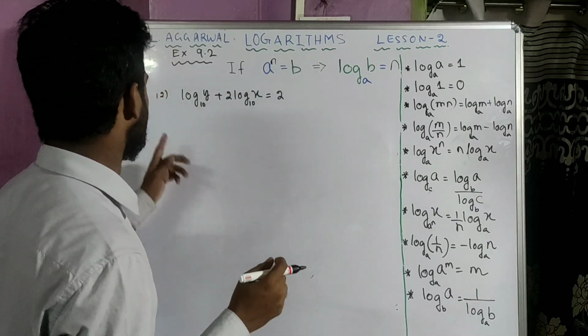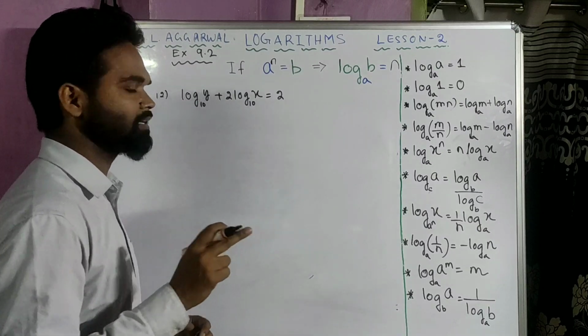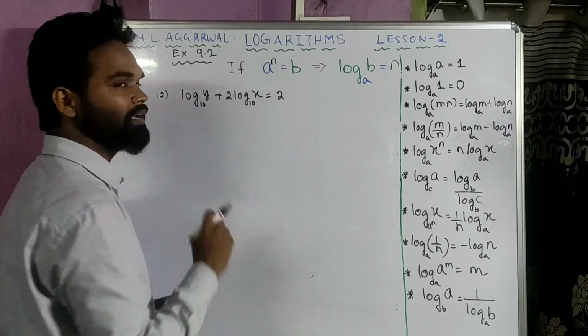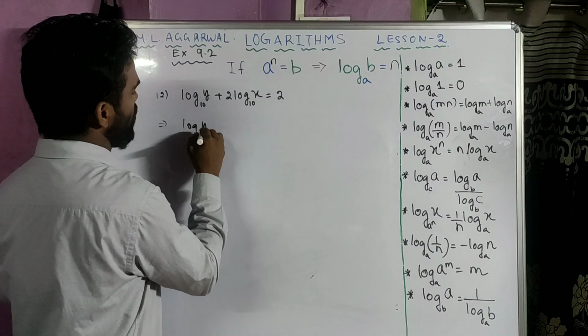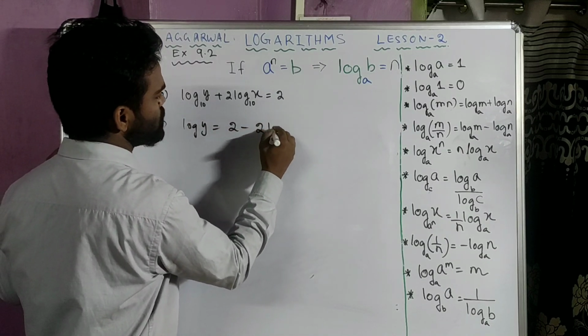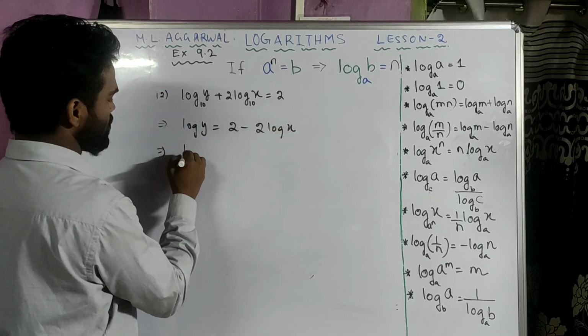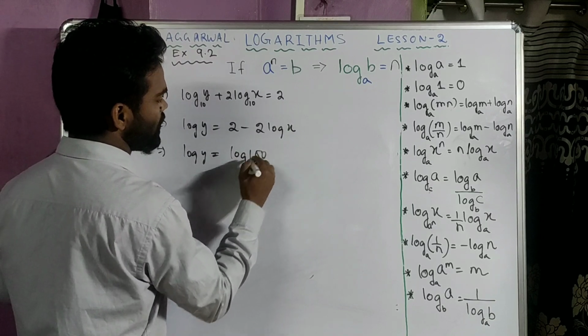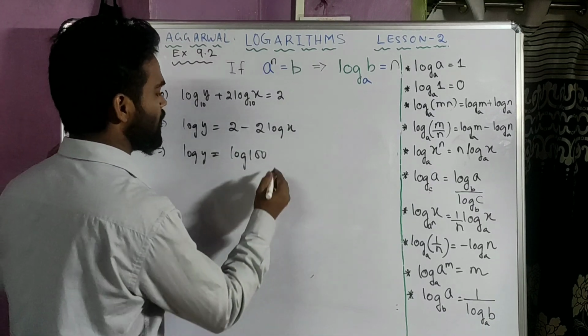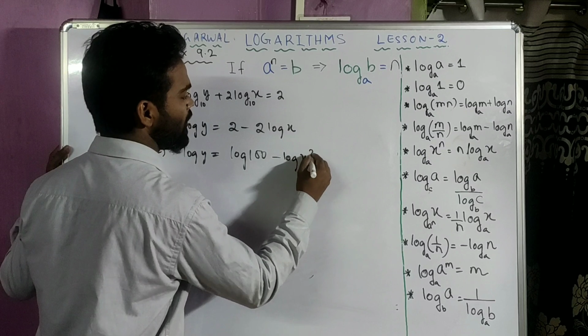Now look at sum number 12. Log y plus 2 log x equals 2. They have told us to express y in terms of x. Very easy. Can we write this as log y equals 2 minus 2 log x? Now look carefully. Log y equals 2, we can write 2 as log 100 because the base is 10, and this we can write as log x square.